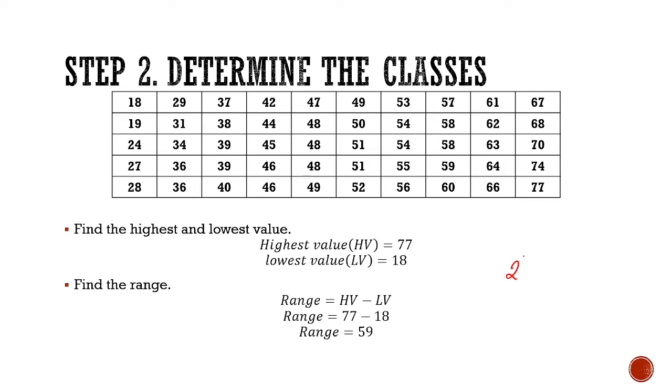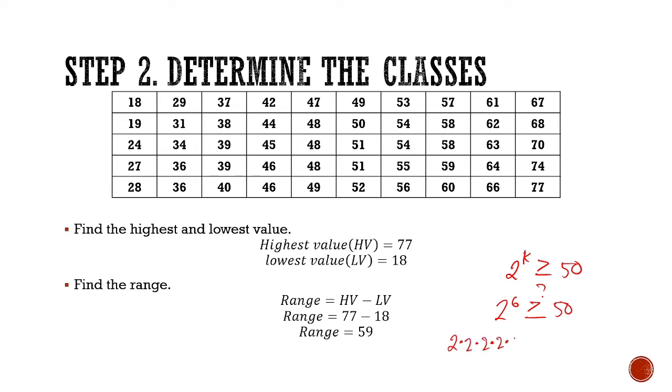So, we will be using 2 raised to k must be greater than or equal to 50. You can actually use trial and error method here to determine the k. Let me guess. I think 6. Okay? So, what is 2 raised to 6? Hindi pa natin alam kung greater than or equal to. So, 2 raised to 6 is you just need to multiply 2 by itself 6 times.